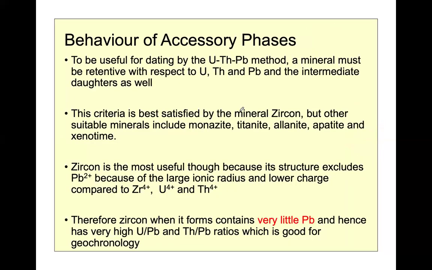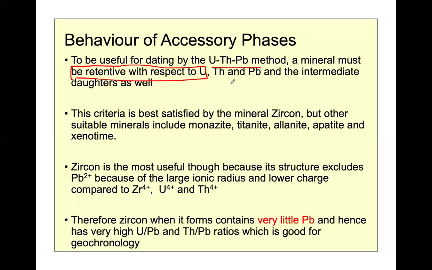Okay, right. So to be useful for dating with the uranium thorium lead method, a mineral must be retentive with respect to uranium. That means the uranium should be kept in that mineral or the rock without exchanging from outside or to the outside, right?